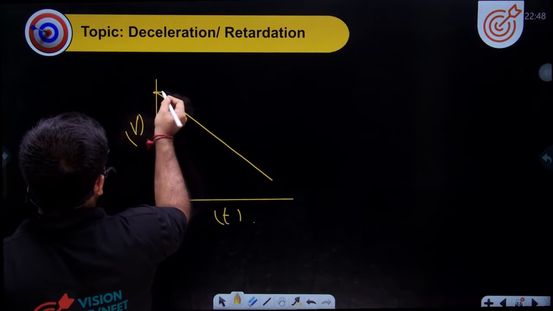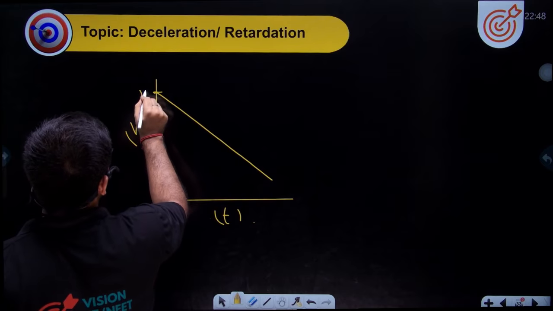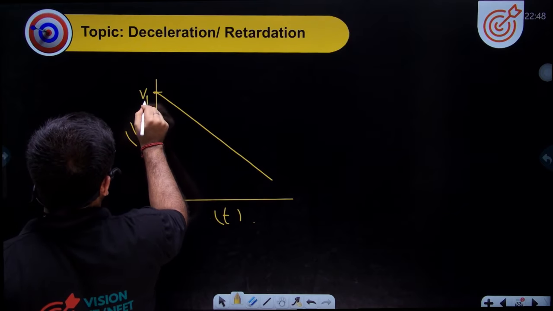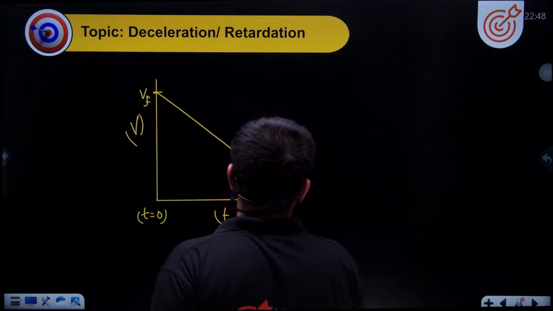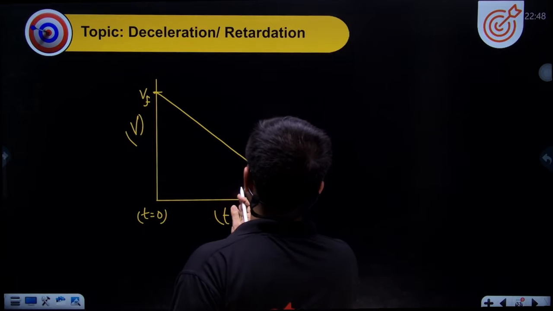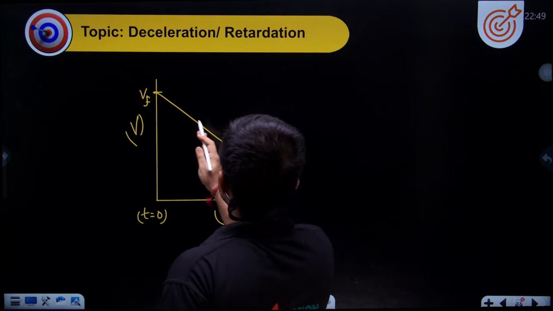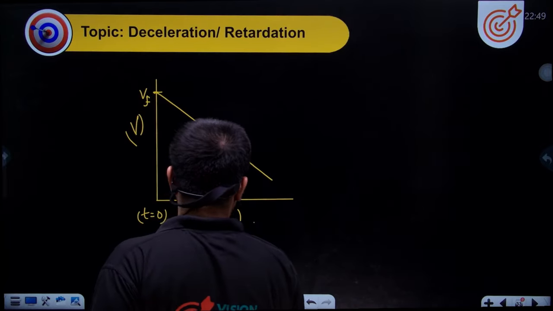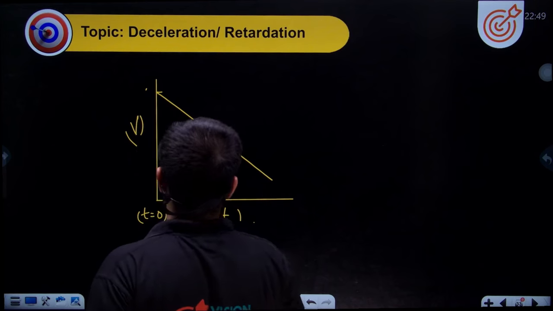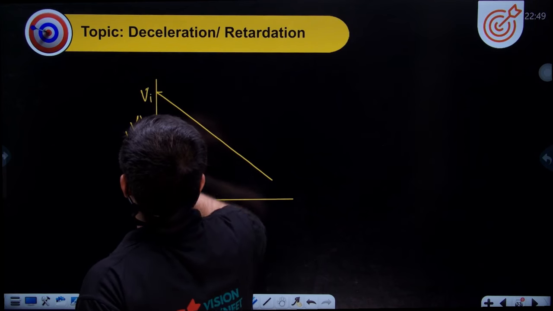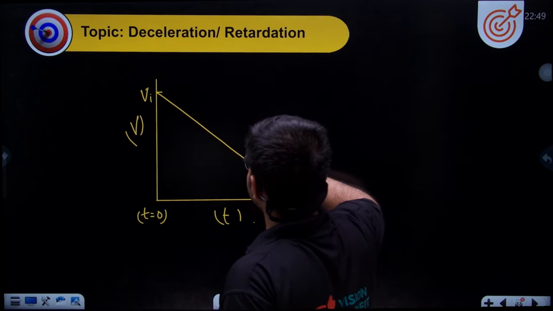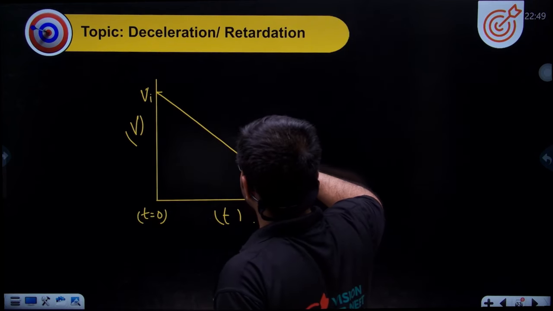Okay, with time, as my time is increasing, what is happening to my velocity? It is decreasing. Let us call it vi, initial velocity. At any later time, vf is going to be definitely less than vi.